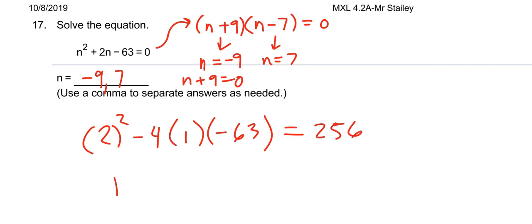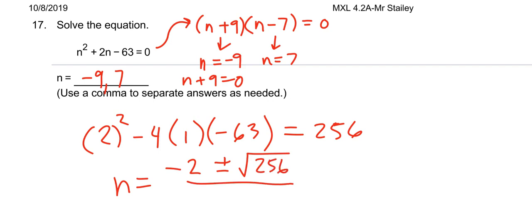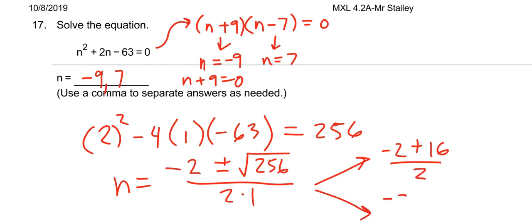If I continue the process, I have the opposite of b plus or minus the square root of 256 all over 2 times 1. Now the square root of 256 is 16. So one of my answers is going to look something like that one, and the other one something like this one.